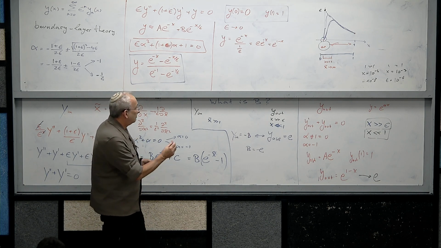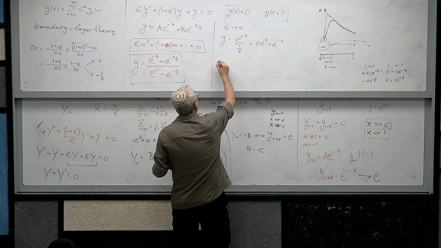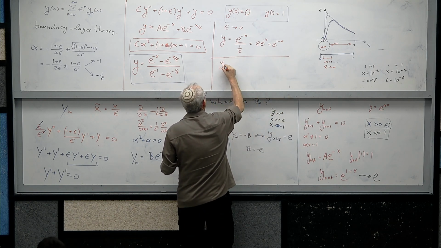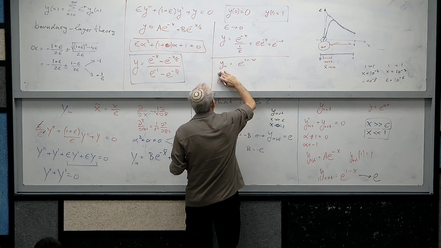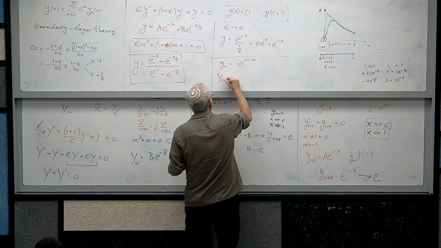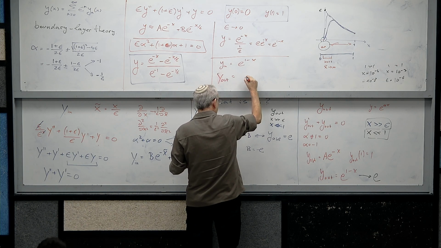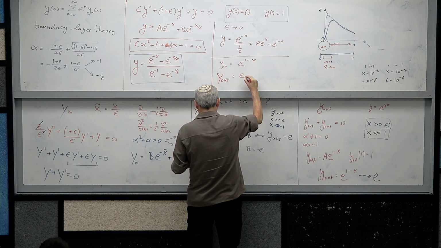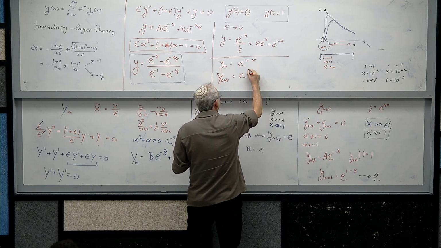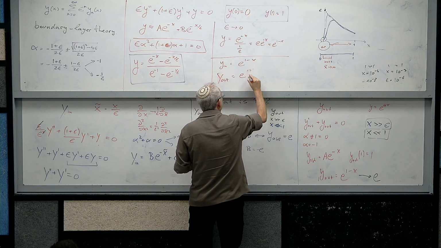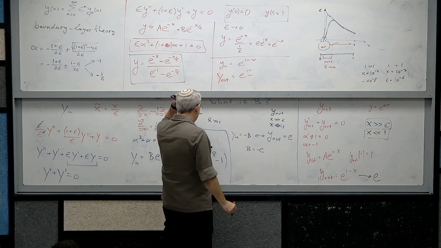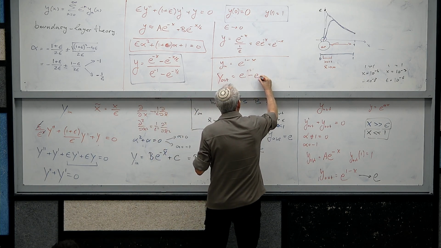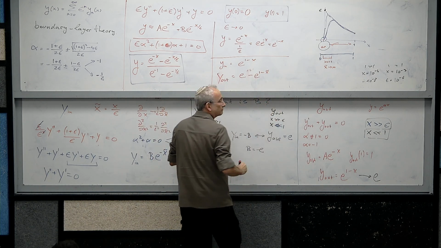So at the end of the day, y in is e times 1 minus e to the 1 minus x tilde, and y out is e to the 1 minus x.